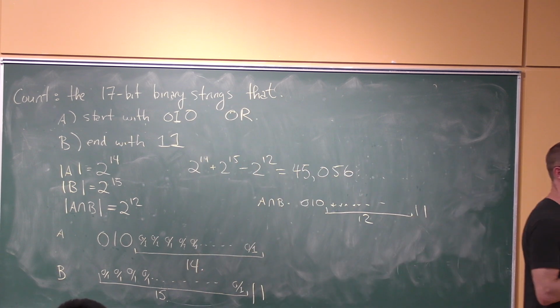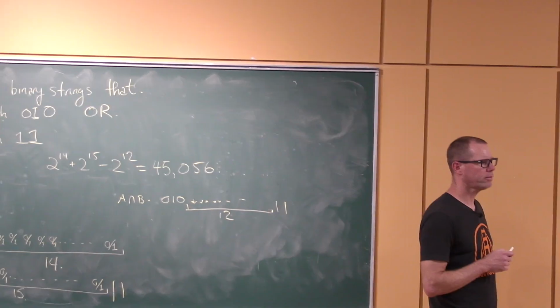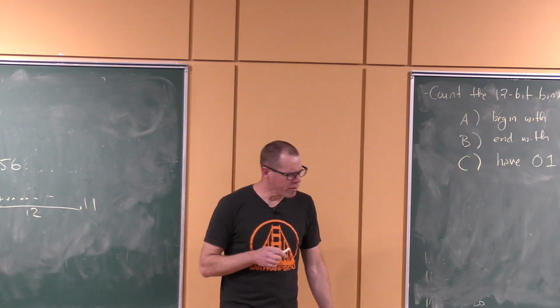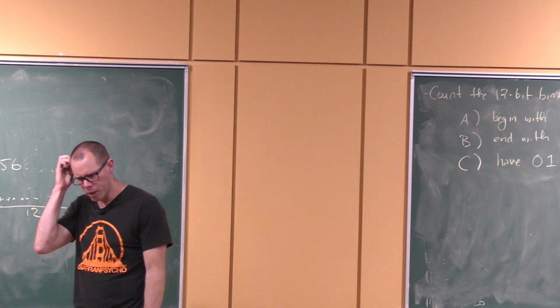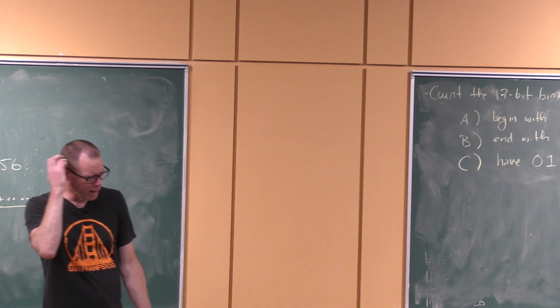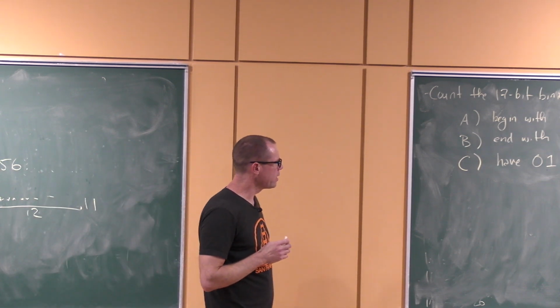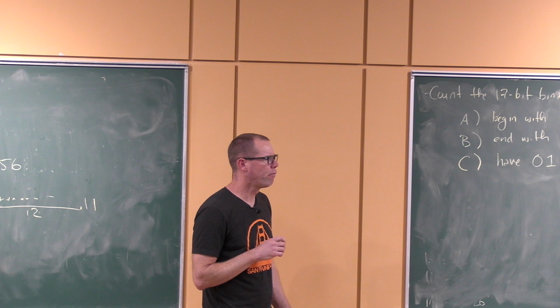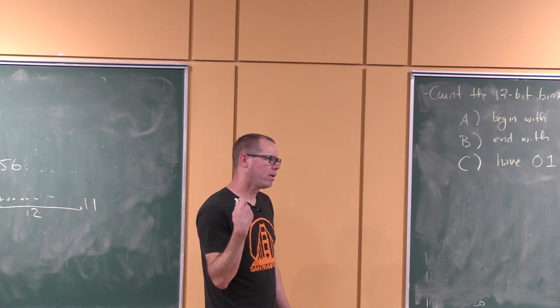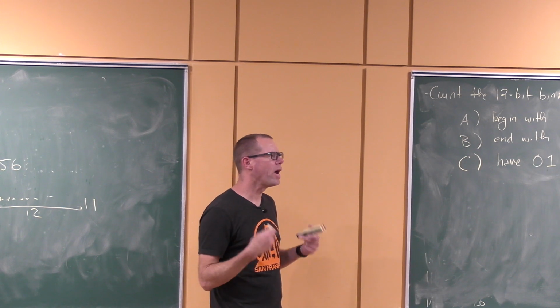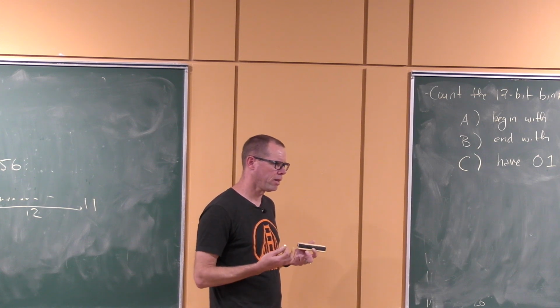Yeah? Theoretically, could you have like an infinite amount of sets that intersect? Well, if you have an infinite number of sets, then you have to be careful if the sets themselves are finite. We're talking about counting the size of things, so that suggests they're finite.